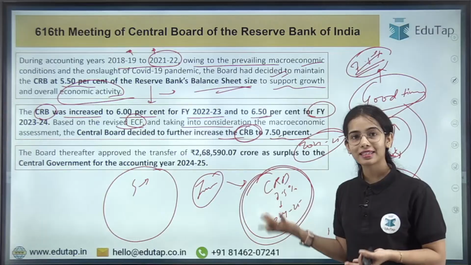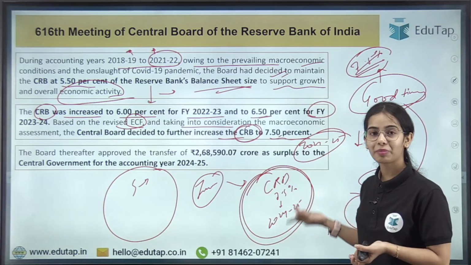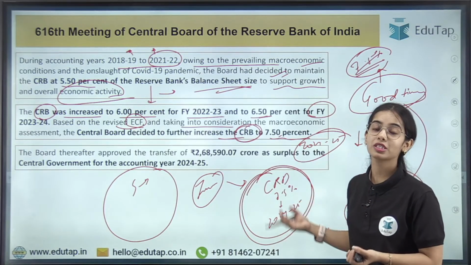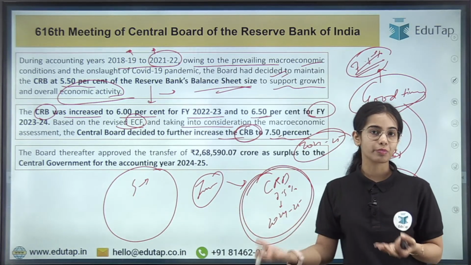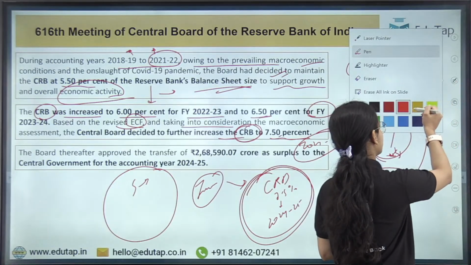So you can understand that this is the good time. We are maintaining more buffers, but at the same time RBI is able to transfer a lot of surplus to the Government of India.